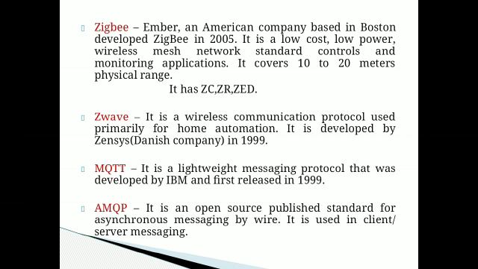ZC, Zigbee Coordinator. ZR stands for Zigbee Router. ZED stands for Zigbee End Device. Dear participants, here in this presentation we are discussing only the basics of IoT. So many things are yet to be discussed.